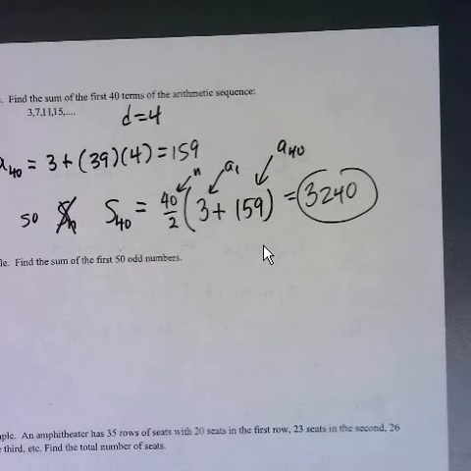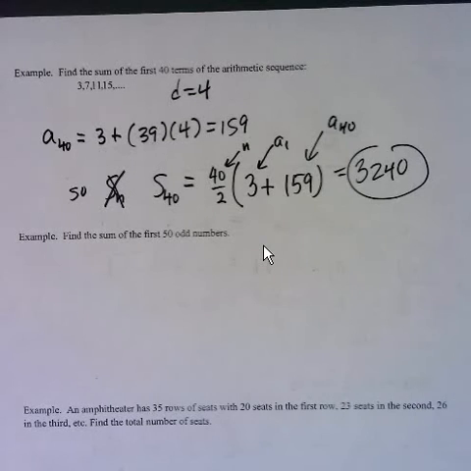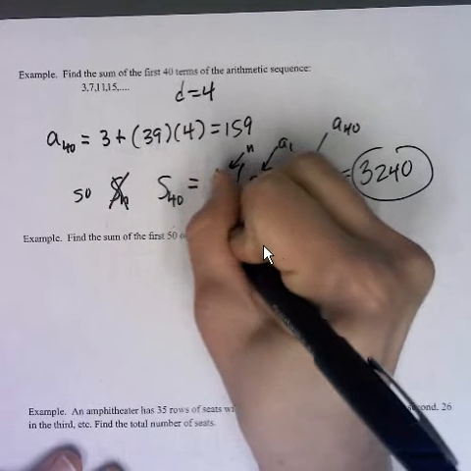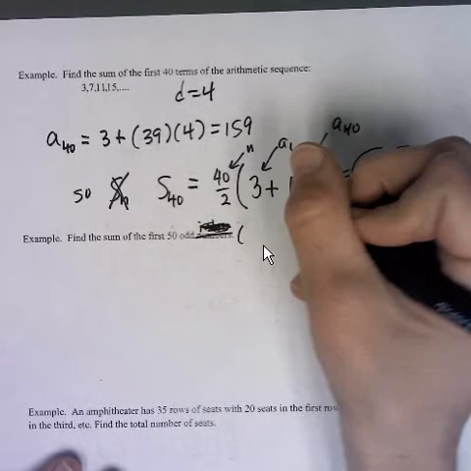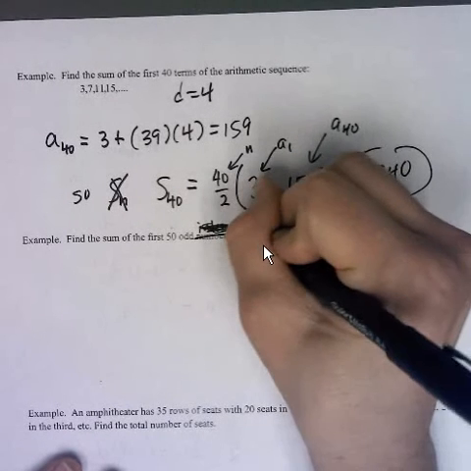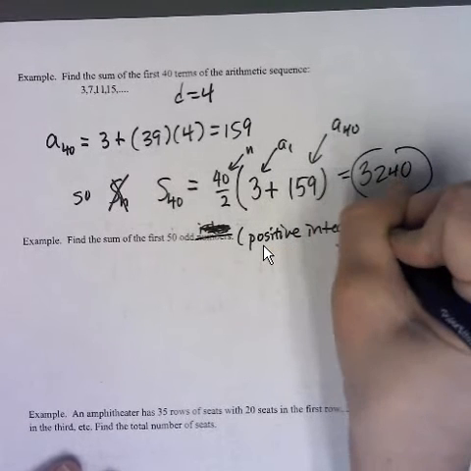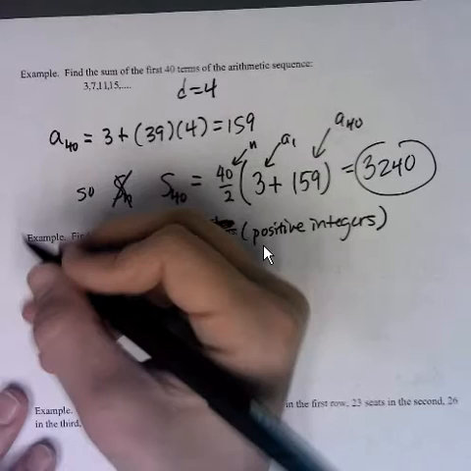Alright, the next example, we want the sum of the first 50 odd numbers. Well, I should say integers. Of course, other numbers aren't even or odd. It has to be an integer, but let's just be more descriptive: positive integers. So the first 50 positive odd integers, we'd have 1, 3, 5, 7.